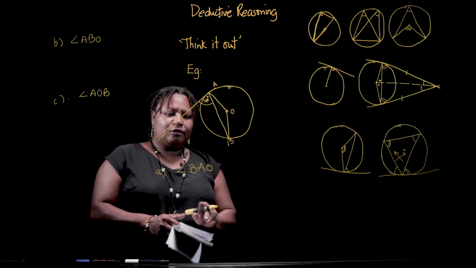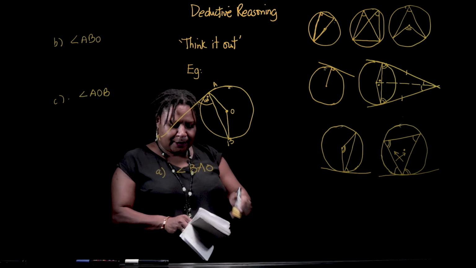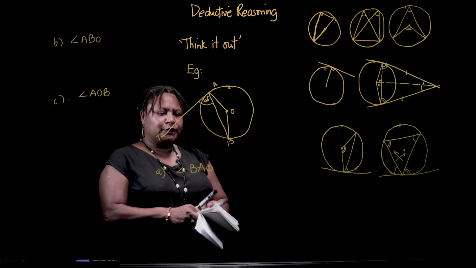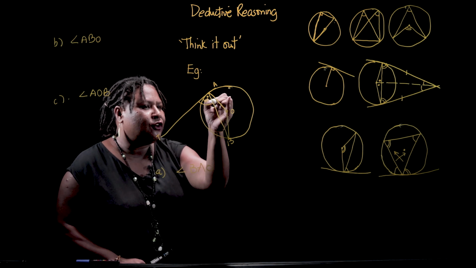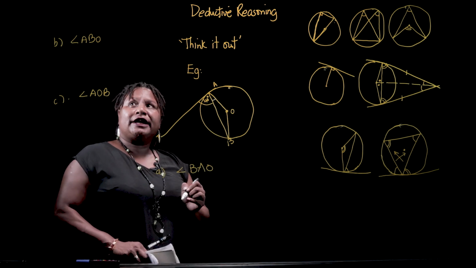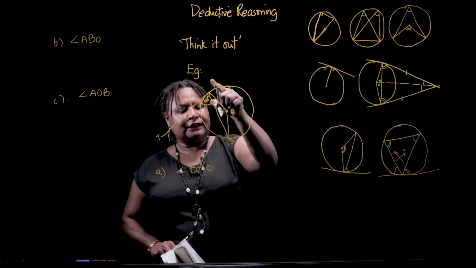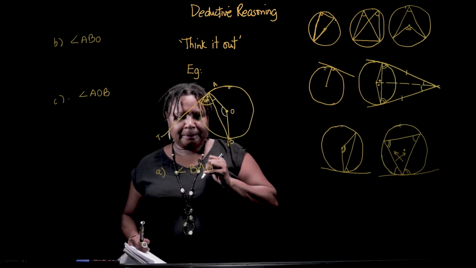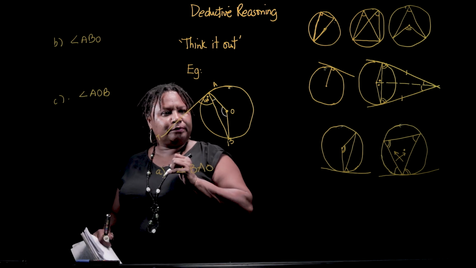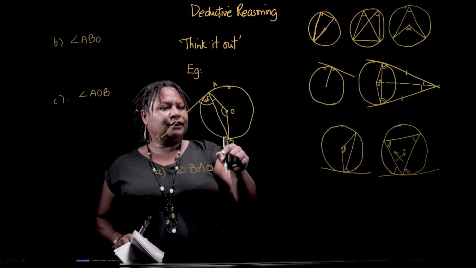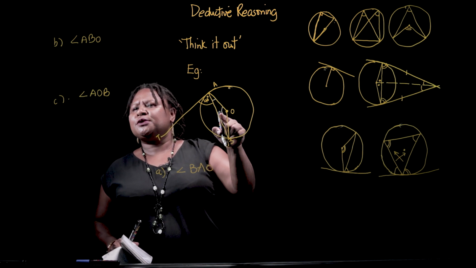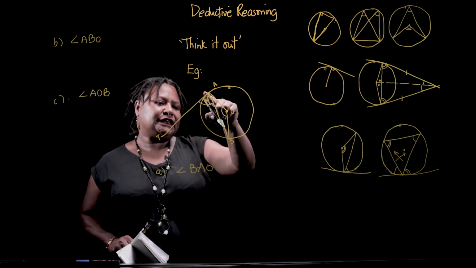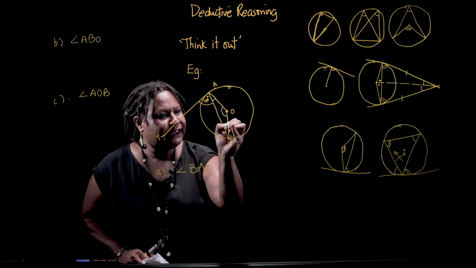Okay, now let's identify where these angles are. We have angle BAO. BAO is this angle here. Then we have angle ABO, which is right here.